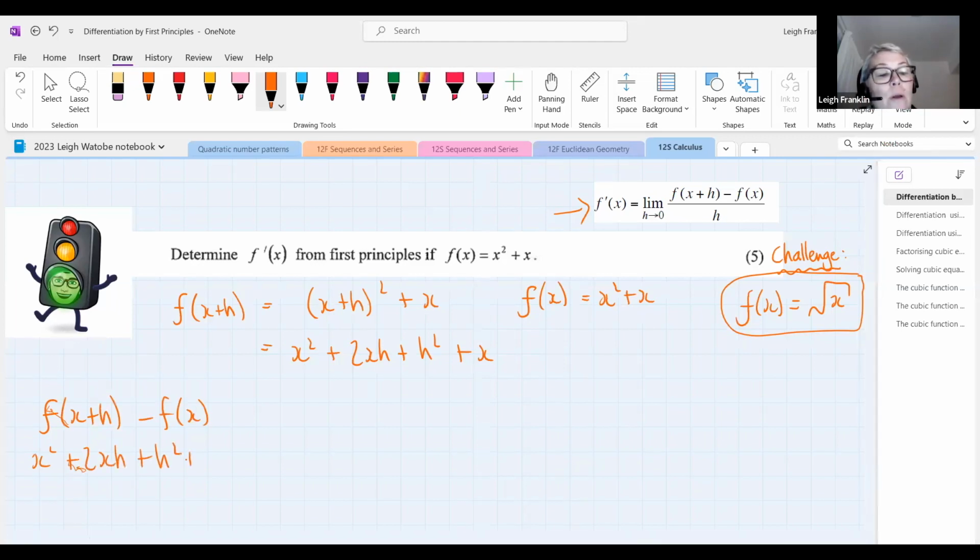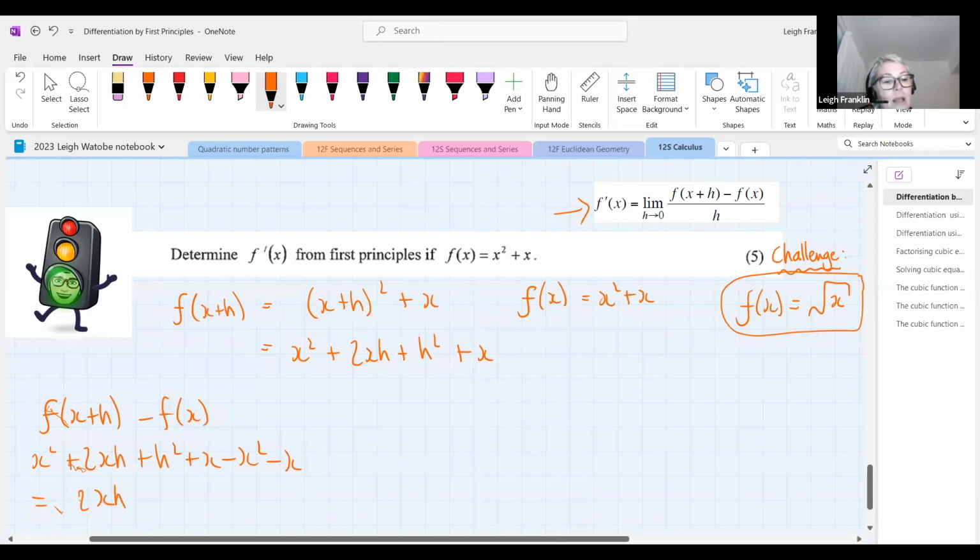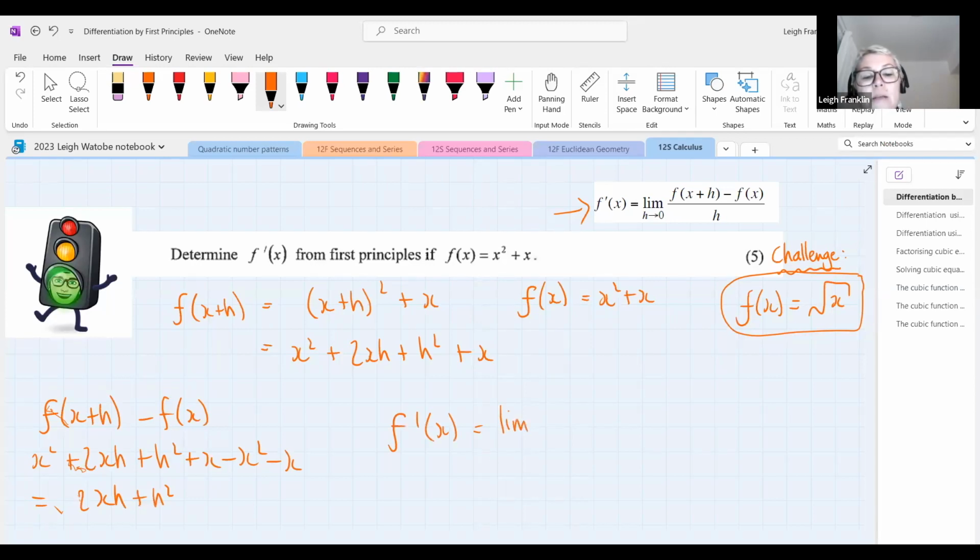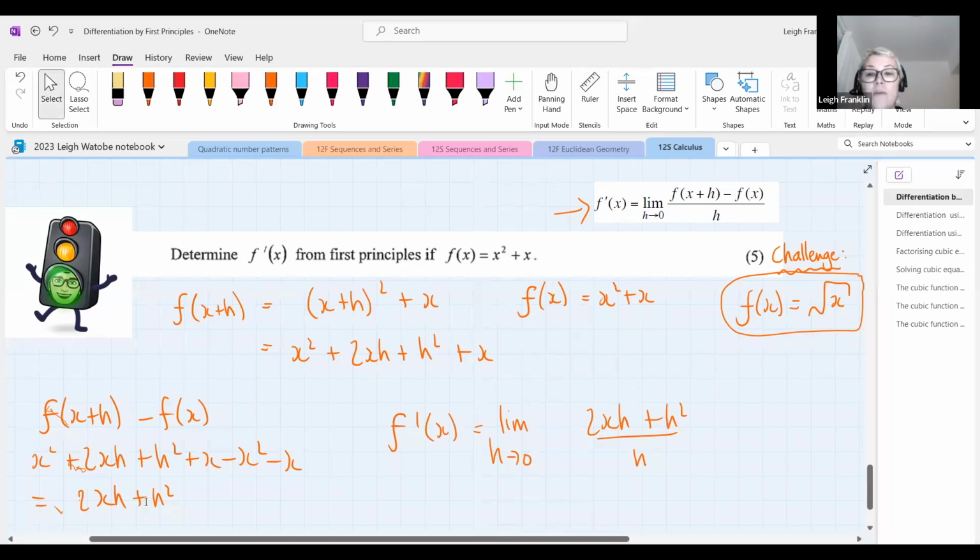And then you've got minus x squared minus x, and you ended up with 2xh plus h squared. I understand. So then you've got f prime of x equals the limit as h tends to 0, and here you had 2xh plus h squared over h. Lovely. Carry on.